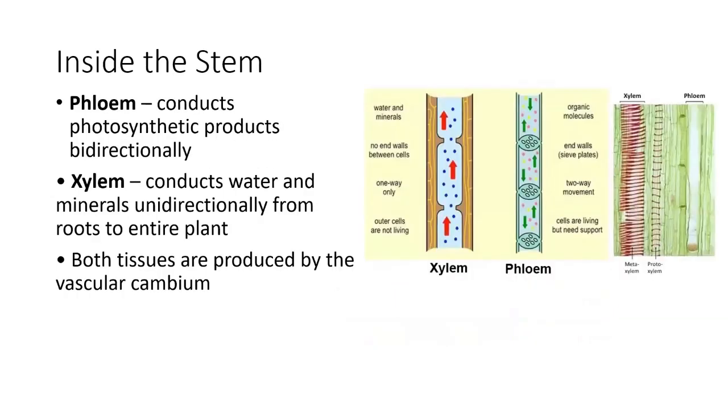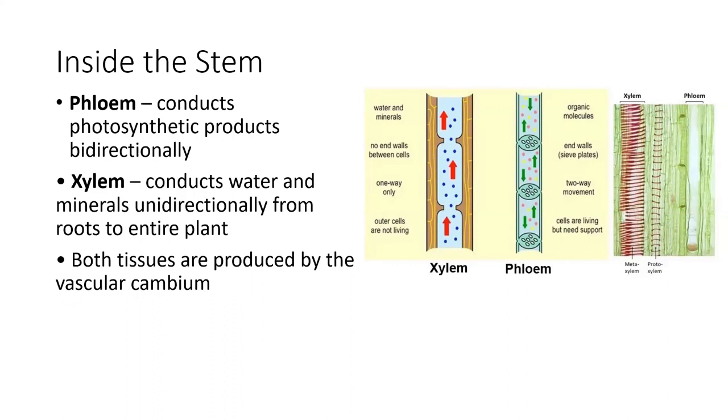Right, inside the stem. Okay, so I've mentioned before about phloem and xylem. So xylem and phloem, I always like to consider that they're almost like the blood for the plant. So phloem conducts photosynthetic products bidirectionally.